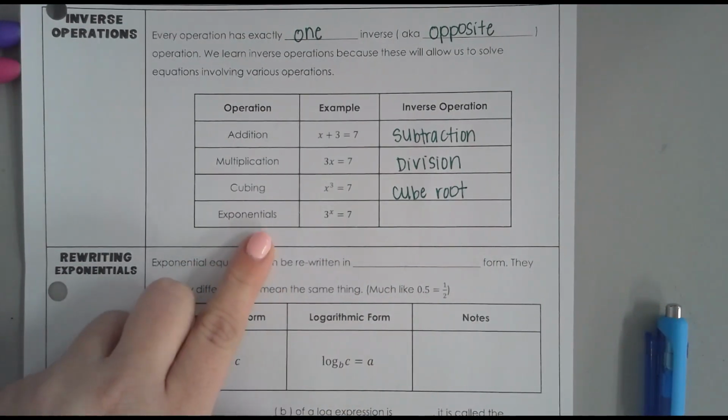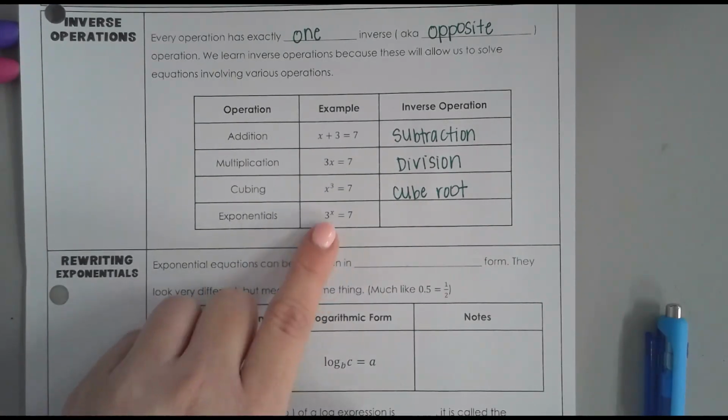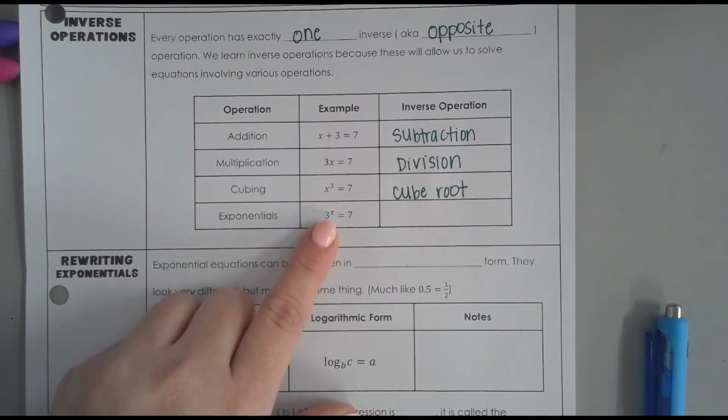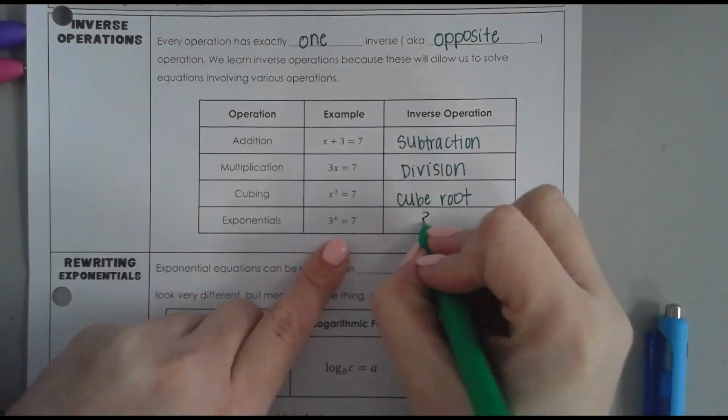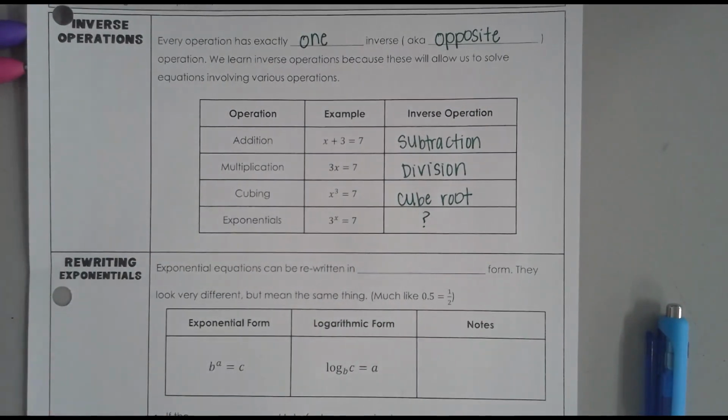But something that we've gotten into lately are exponentials, where x is in the exponent. That's the one we don't know how to solve for x. And so that's what we're going to get into.